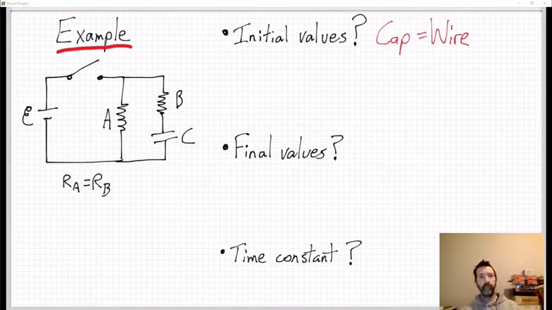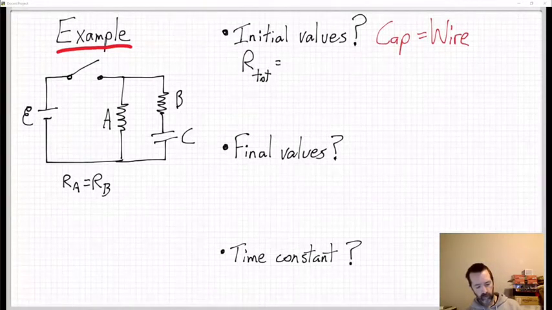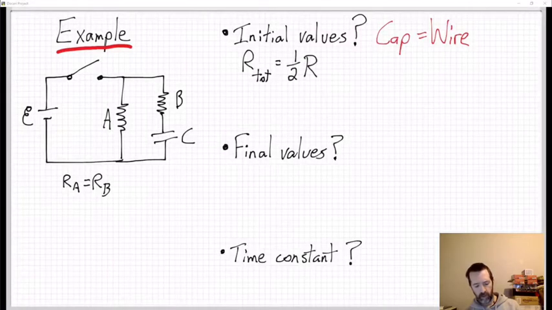So, if I think of the capacitor as just being a wire, I know that the total resistance of the circuit is effectively going to be half R, where R is the resistance of these two identical resistors.